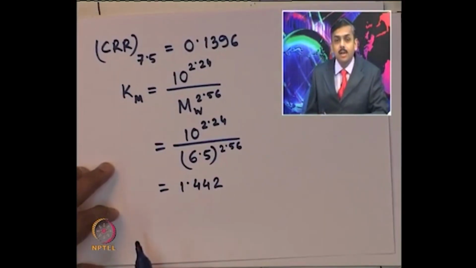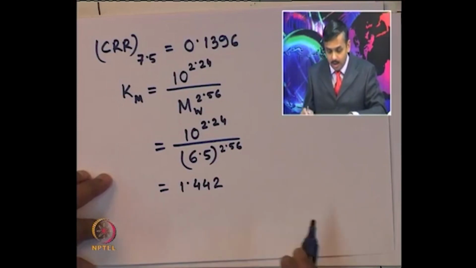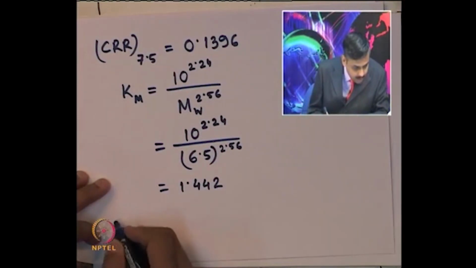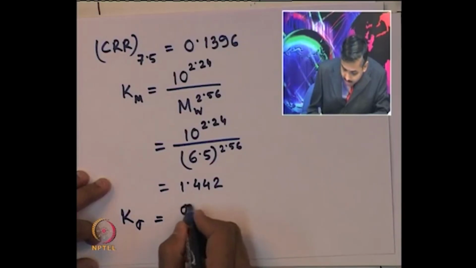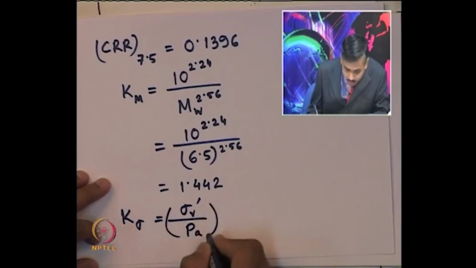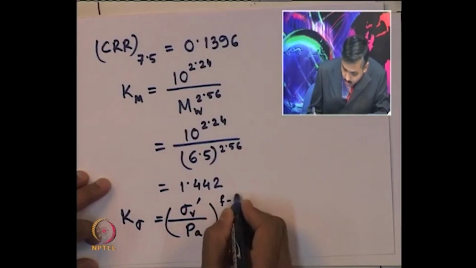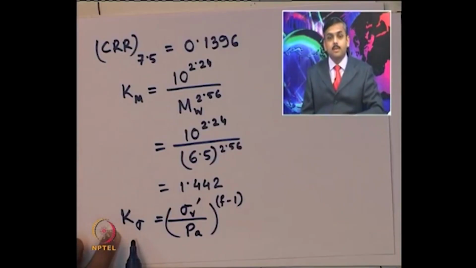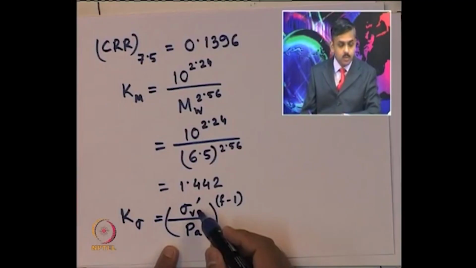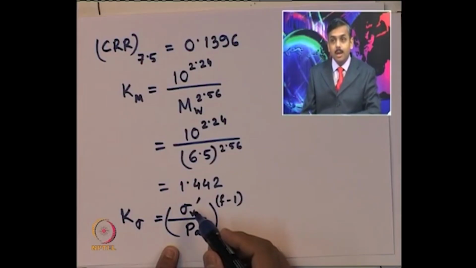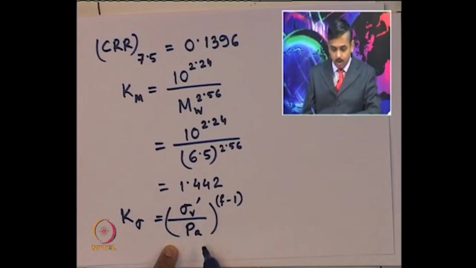Now, another correction factor we need to find out here, that is K sigma, which is given as sigma V dash by PA to the power f minus 1. This is the overburden correction factor to this CRR that needs to be applied, as we have discussed in the theory. Sigma V dash, if it is more than 100 kPa, then only we need to incorporate this.